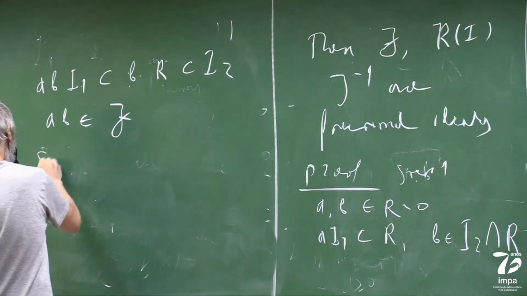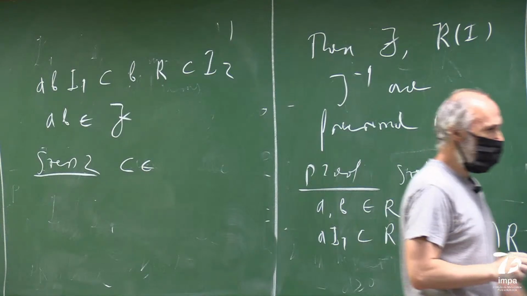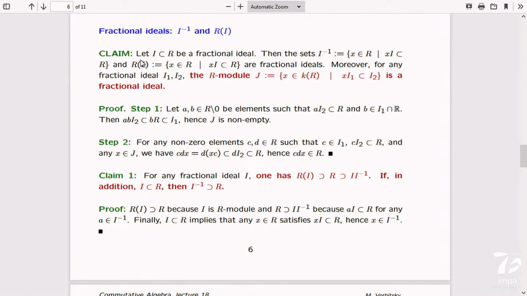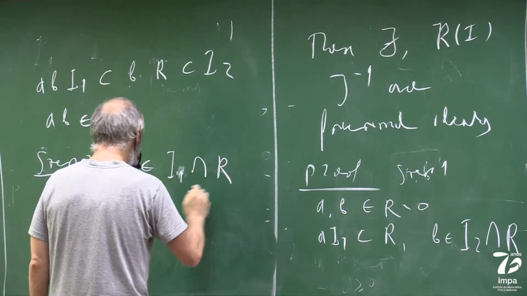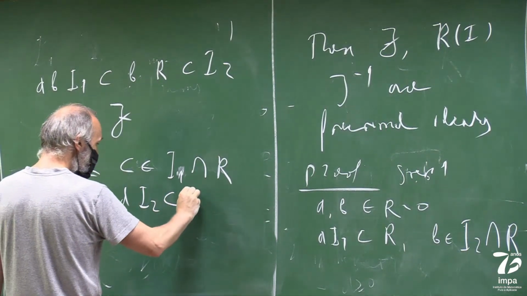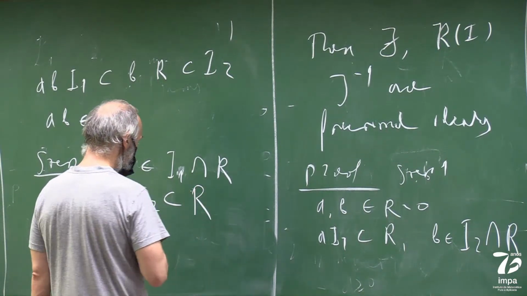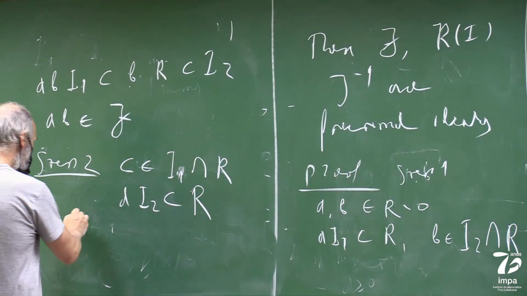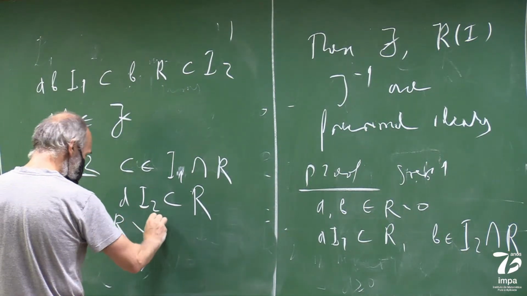So step 2, we take C inside the intersection of R with I1, and D such that D times I2 belongs to R. C and D are non-zero elements, so there is R without 0.